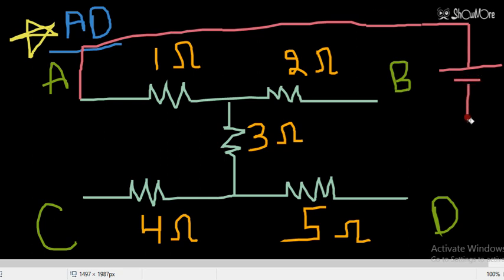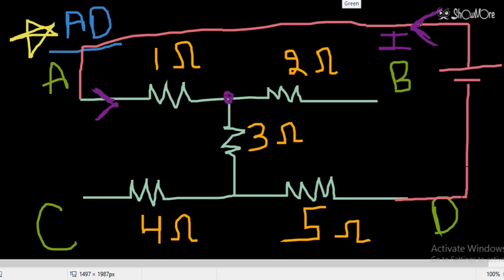Then this one is terminal D. Now the current will flow from the positive terminal in this direction. Let's name it as I. This current will pass through the 1 ohm resistance. The same current will pass up to this point.